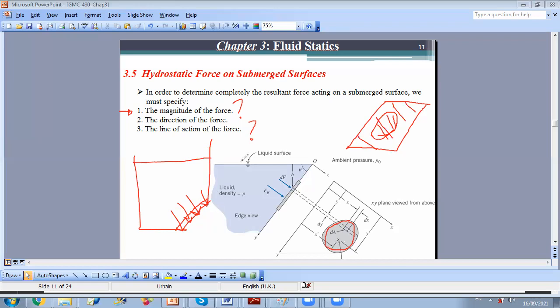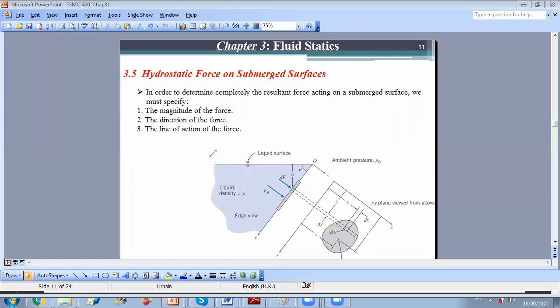The surface may continue upward, but here I am only interested in the gate, so only the action on this level. Okay, so we will learn together, if I consider any surface of any geometrical type, how can I find the total action on it, how to find the resultant force and its location.